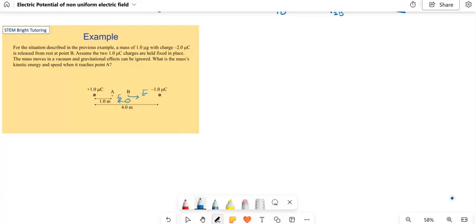The electric field here is not uniform, so it is not constant. The force is not constant, and the acceleration also is not constant.